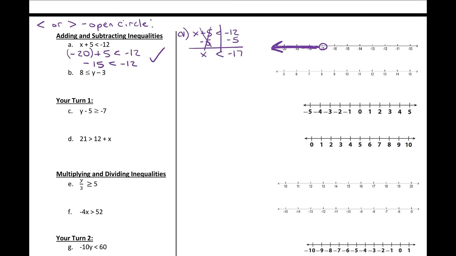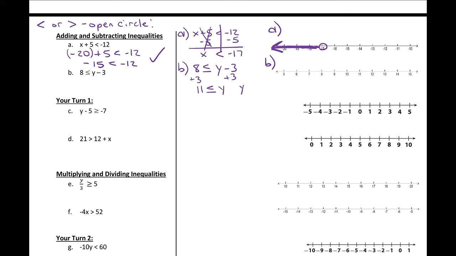All right, let's look at B. Let me label this number line so we don't get that confused. And this one will be B. B, we have 8 is less than or equal to y minus 3. And so we're going to add 3 to both sides. And that gives us 11 is less than or equal to y. And I want you to flip this. If your variable isn't first, I want you to write it with your variable first.